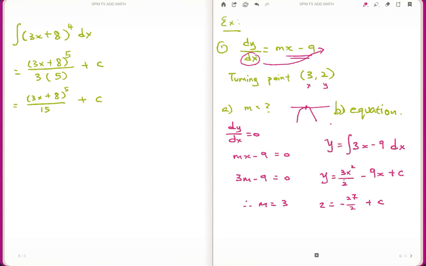Calculate this accordingly, and therefore your c would be equal to 31 by 2. And therefore, now you get the equation y is equal to 3 over 2 x squared minus 9x plus 31 over 2 as the final answer. So this will be the equation that they'll be asking for.